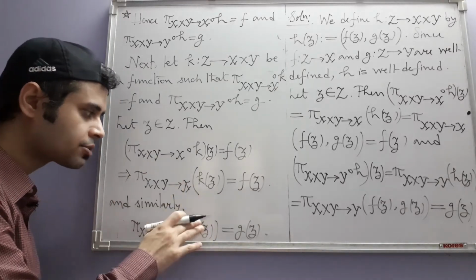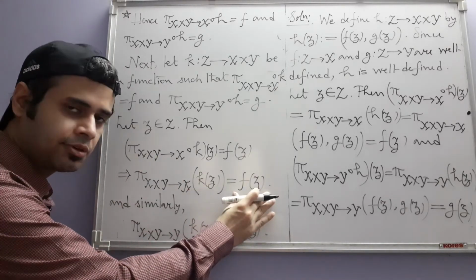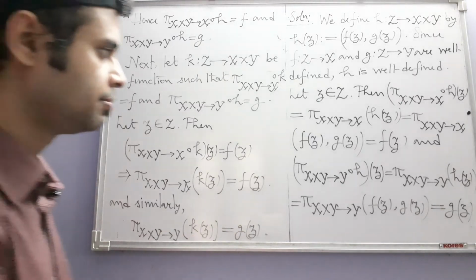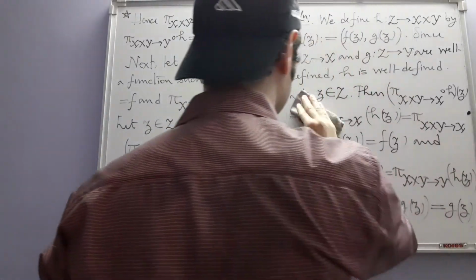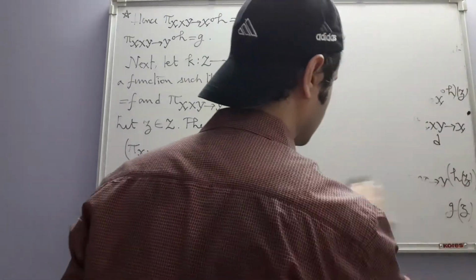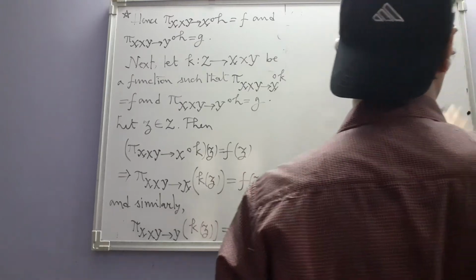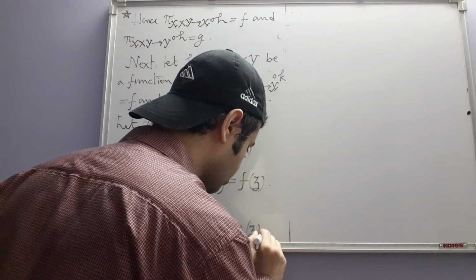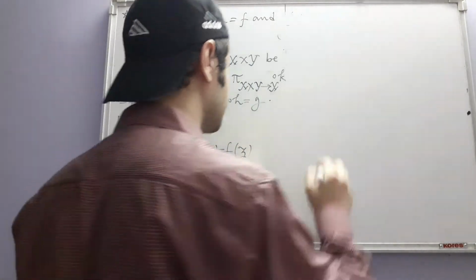So the first component of K of z is F of z and the second component of K of z is G of z. And we are going to write that so that later when you look at these solutions you don't get confused.